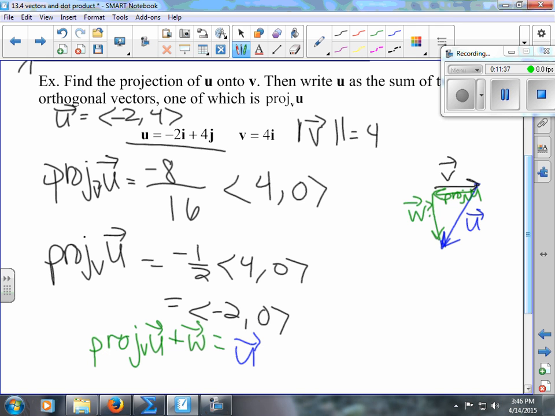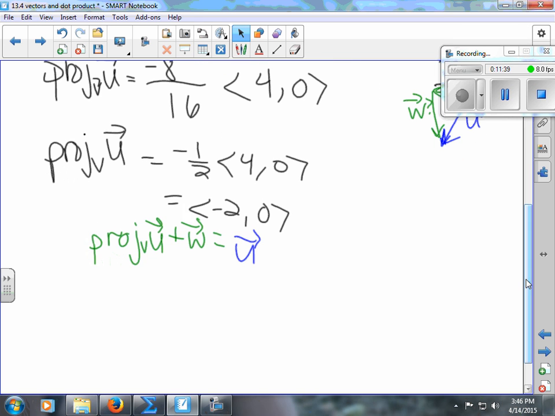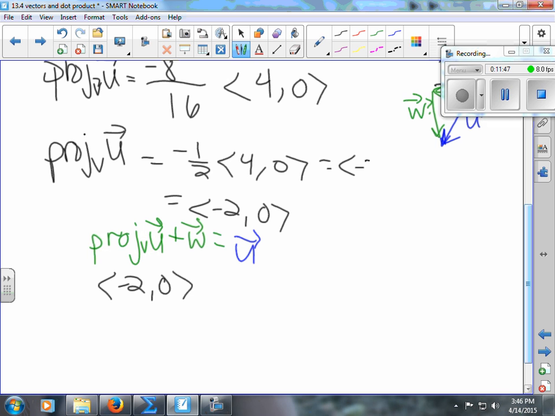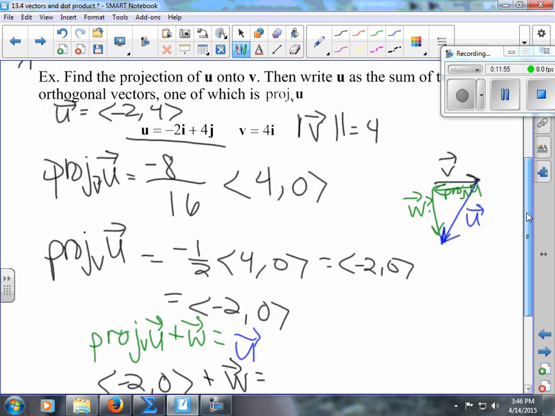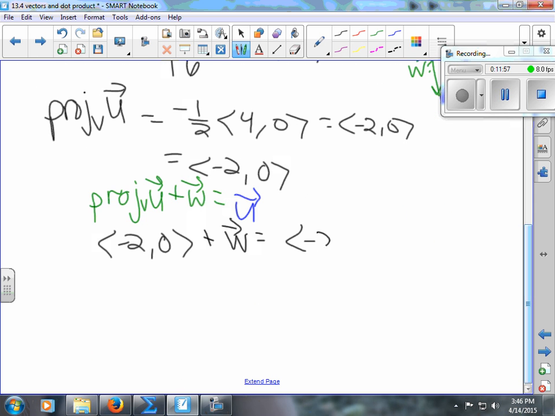And you just solve this by setting these vectors equal to each other. So the projection vector was negative 2, 0, right? And w I'm looking for, and that has to equal my original u vector, which is negative 2, 4. And so I just need to subtract. So w is 0, 4 when you subtract the negative 2, 0 over.